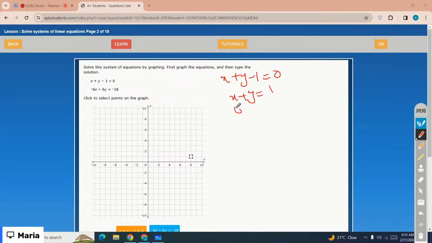So when x equals 0, y equals 1, right? So you have the 2 points, x is 0, y is 1. Now let's just replace y equals 0, right? So x plus 0 equals 1, so that means x equals 1. So when x is 1, y is 0, you have 2 points now, 1, 0 and 0, 1.